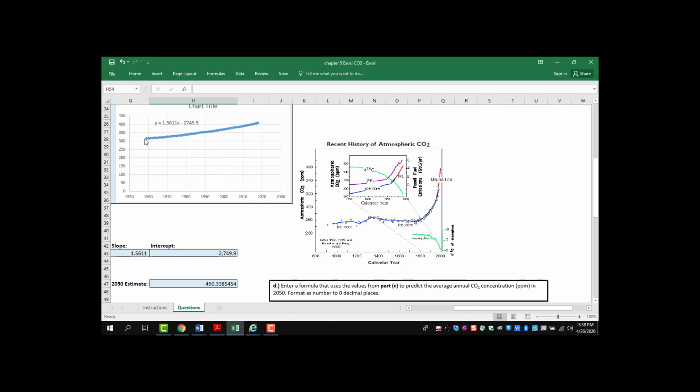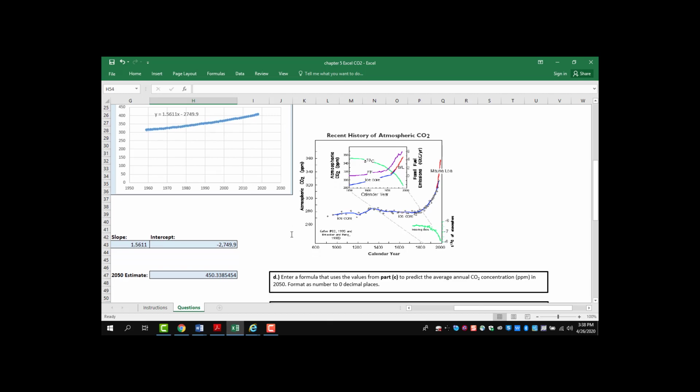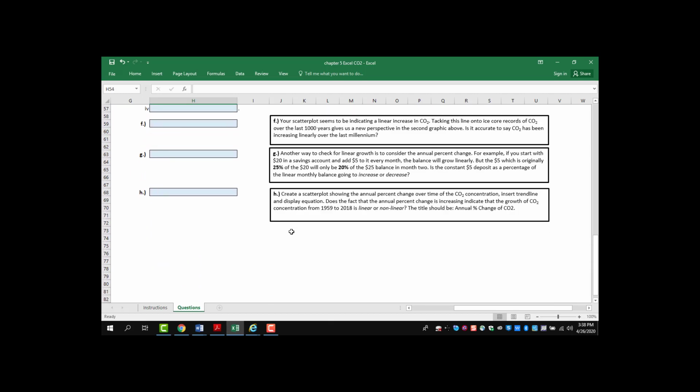Well, let's see if it's even growing exponentially here. If this is really linear, then this will be true. Another way to check for linear growth is to consider the annual percent change.